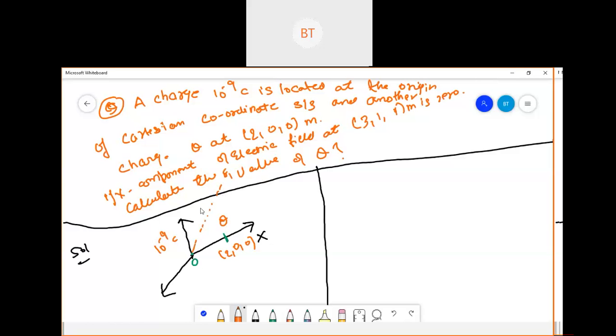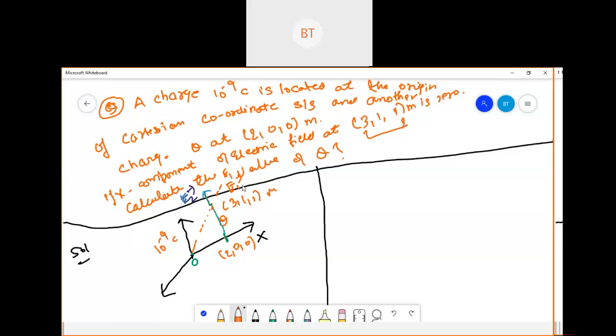The first charge gives E1 from the origin, and the second charge gives E2 from its coordinate. The field point is given as 3, 1, 1 in this question. If you draw the figure, things will be clear. If you have no doubt about the figure, we'll move on.